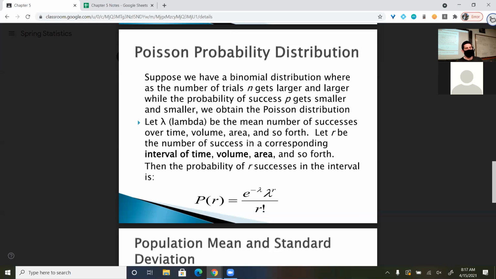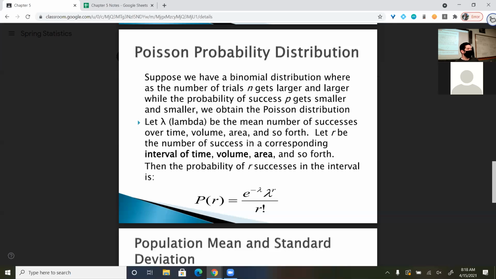Or you're talking about fish in a pond. What's the probability of catching so many fish over a 6-hour period, given that you're traditionally expecting this many fish? So they're going to give you an expected number, and it will always be associated with time or space or something like that. The reason why they do that is that we may need to change that value to make it applicable to what the question's asking.